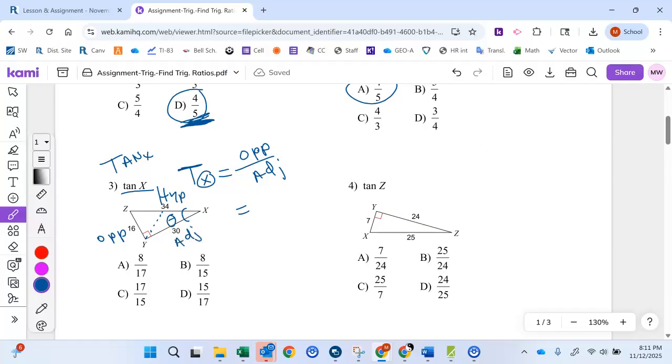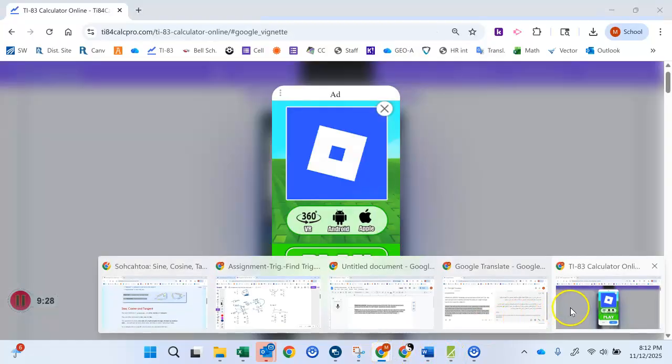So we need the opposite, which is 16, that goes there, divided by the adjacent, which is 30. Again, is it reduced? I don't see that it's reduced. We can use our calculator, let's do that one more time. Or if you know how to simplify it, that's fine. It's 16 over 30, so let's go ahead and do that.